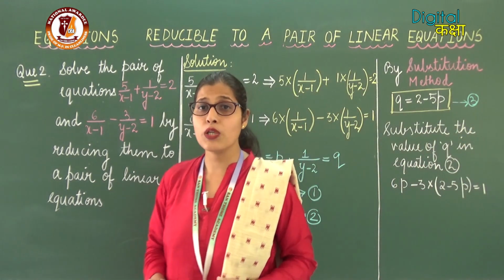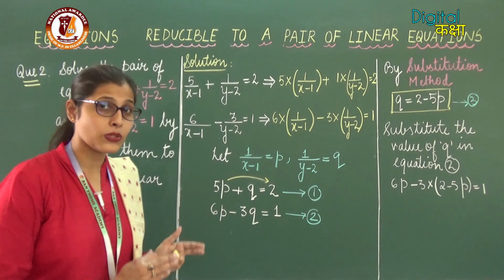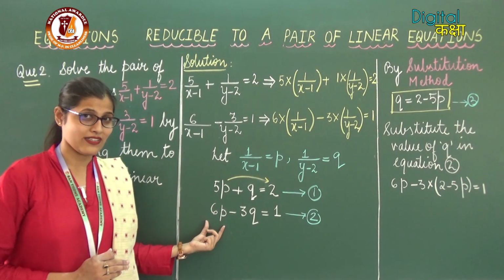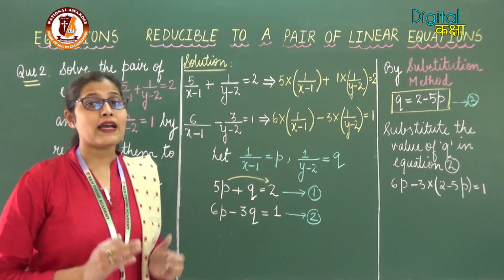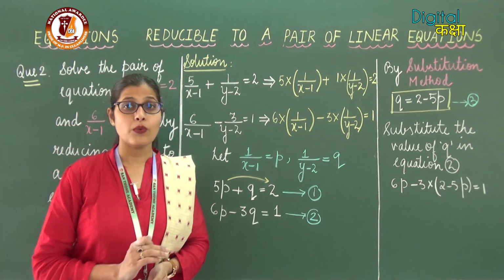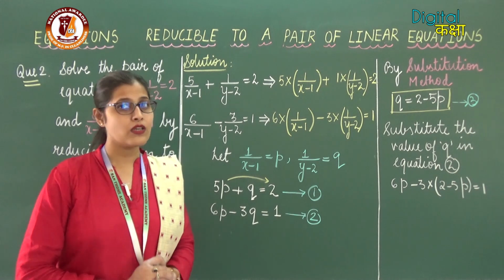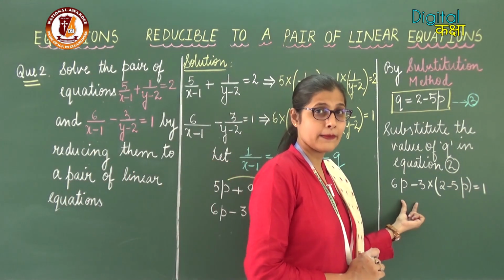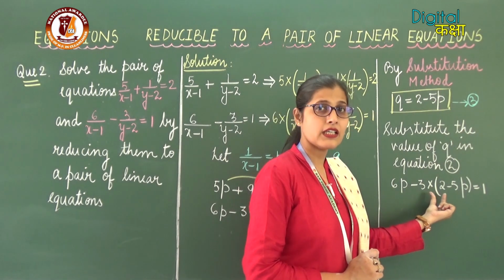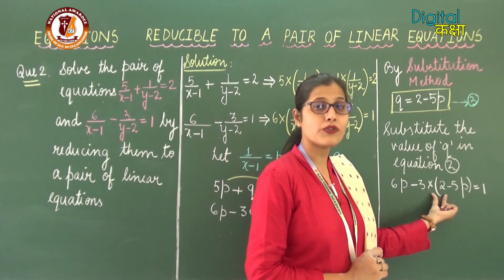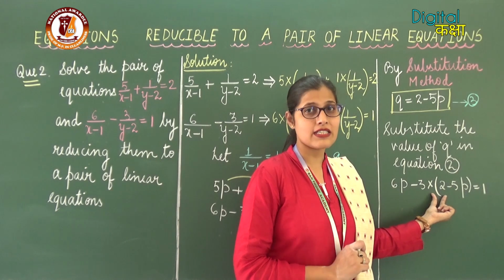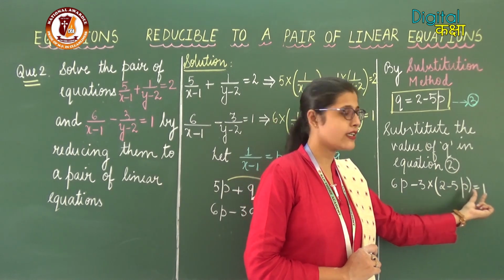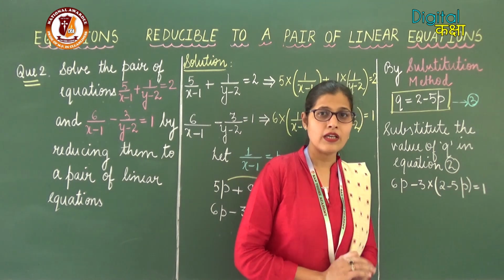Now, this value of variable q I will be substituting in the second equation to convert my second equation in one variable. So, it will be written as 6p minus 3 into, in place of q, I have written its value, which is 2 minus 5p equals to 1.